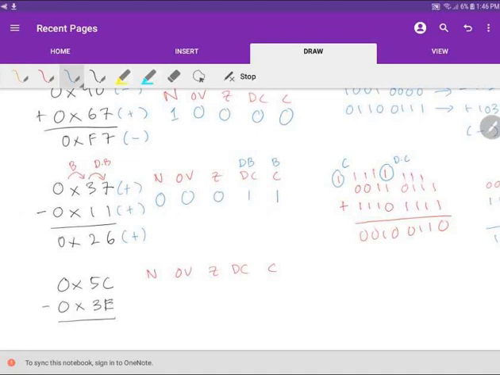Yeah, in status register the name of the bit is always DC and C. When we do subtraction we say digit borrow, but in reality it only performs addition, and therefore in the status register it's only DC and C, not DB, because it always performs addition.